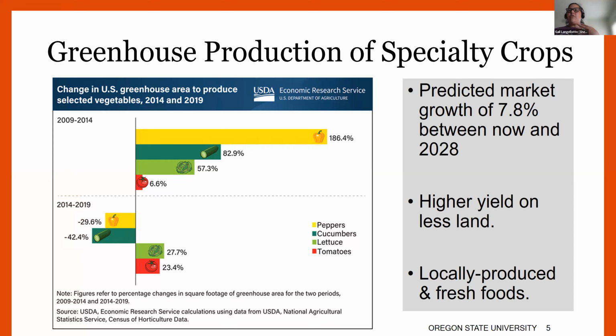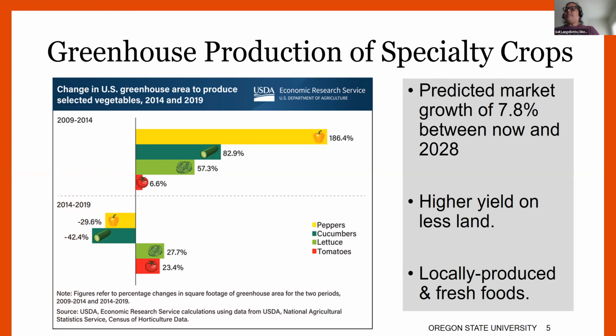And when I'm talking about greenhouse production of specialty crops, sometimes I refer to greenhouse systems because there isn't as much research available on hydroponic systems in particular. But a lot of the considerations that we have when it comes to greenhouse production of these crops can also be applied over to hydroponic systems, specifically for today's topic, which is crop pollination.